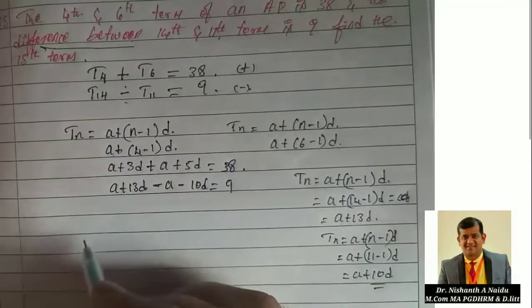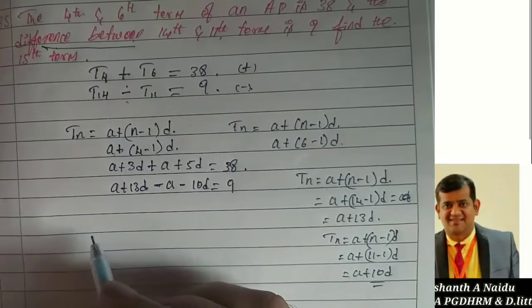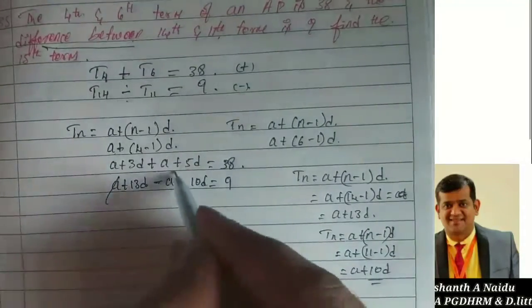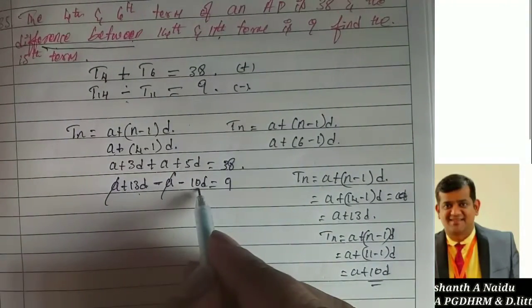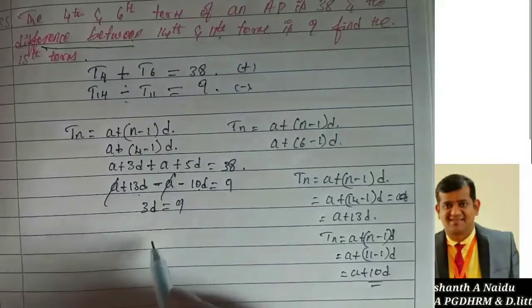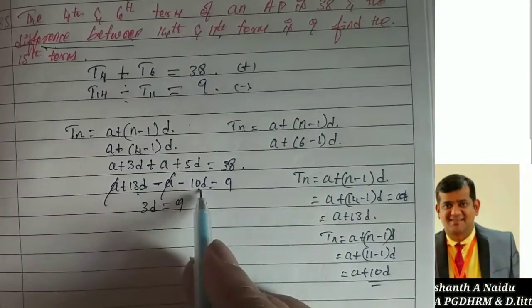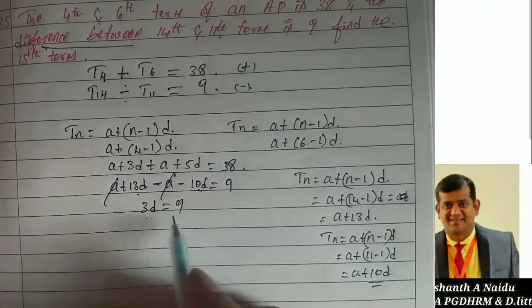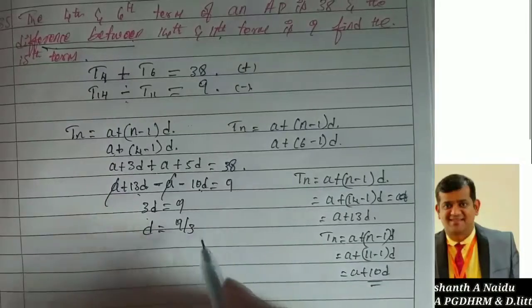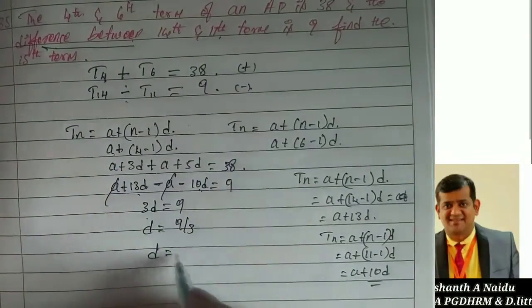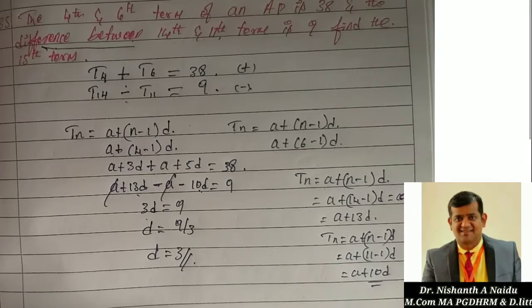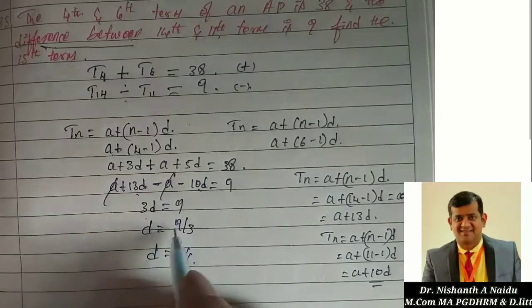Okay, so now check out. Let us simplify this first. A gets cancelled. So 13 minus 10 is 3d equals 9. So therefore d equals 9 divided by 3, so d equals 3. Okay, got the clarity? This is from equation 2.